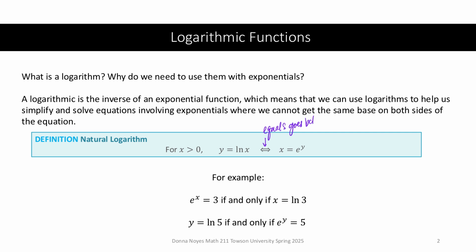It goes both directions. It means that we can rewrite logs to exponentials, but we can also rewrite exponentials back to logs. So, for example, if I have e to the x equals 3, that's true if and only if I can rewrite log base e of 3 equal to x.